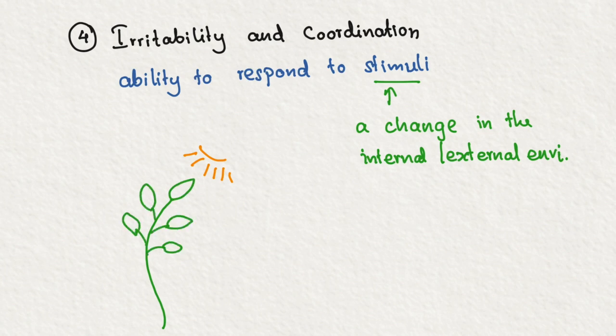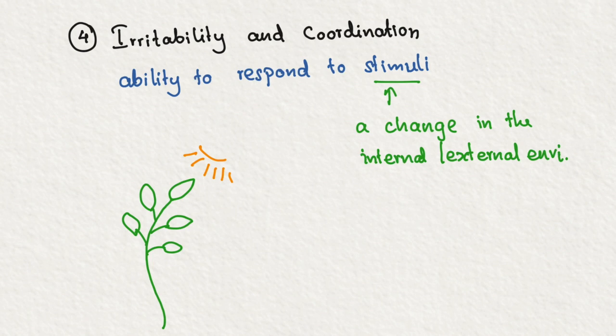So here the stimulus is the light. The plant grows towards that. So that is the ability of this plant to respond to that stimulus. So we can see this irritability and coordination in all living organisms.